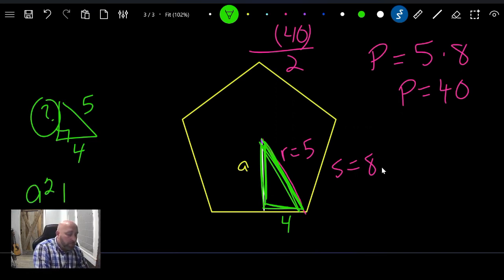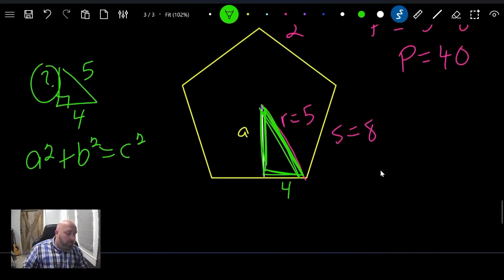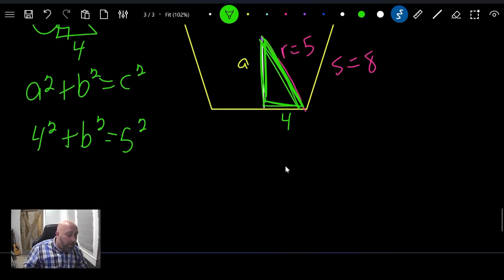A squared plus B squared equals C squared. Well, C squared is going to be our 5, so that'll be 5 squared. And it doesn't matter which one's A and which one's B. We'll call A 4 squared and then plus B squared. Now we want to get B all by itself, so we're going to subtract 4 squared from both sides.